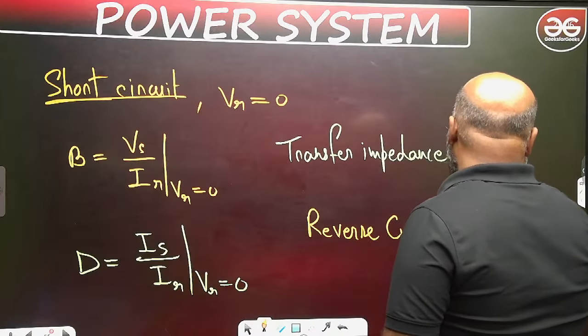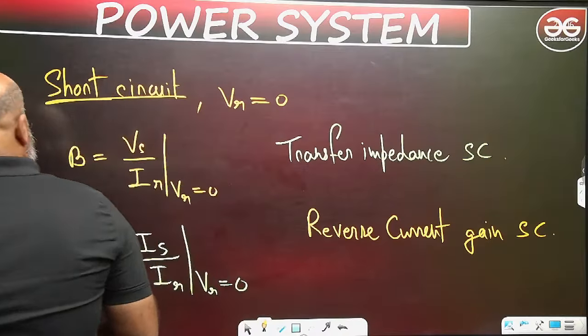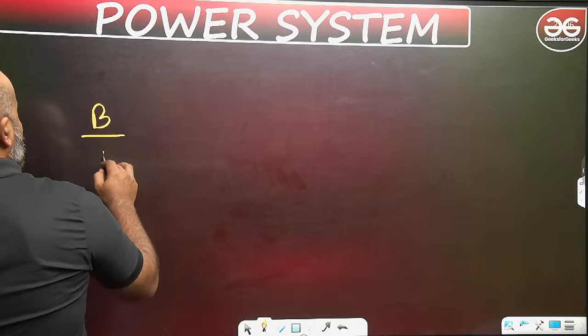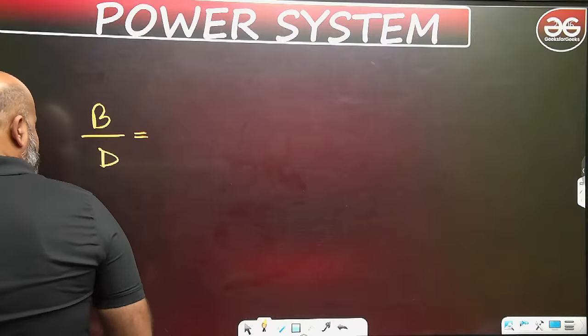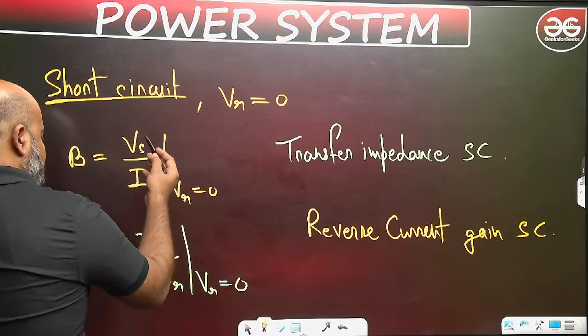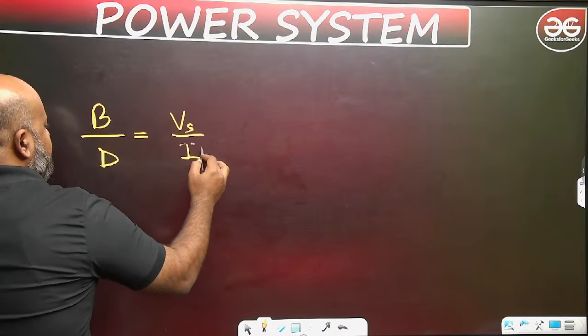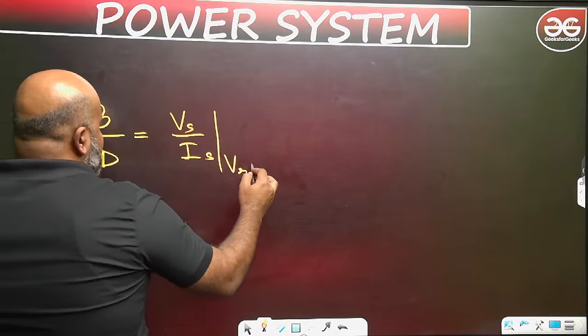This is nothing but the reverse current gain in case of short circuit. Again, you can divide B and D. What is B by D? IR is the same, VR 0 condition is the same, so it is Vs upon Is when VR is equal to 0.